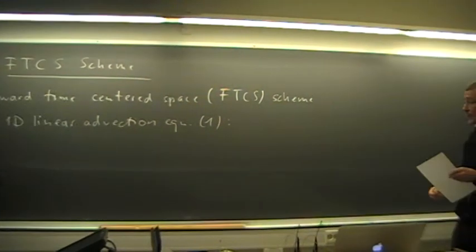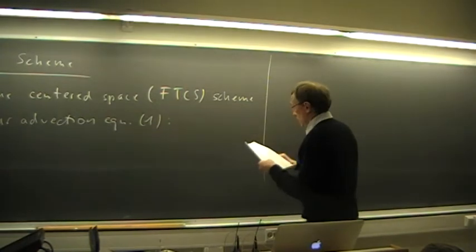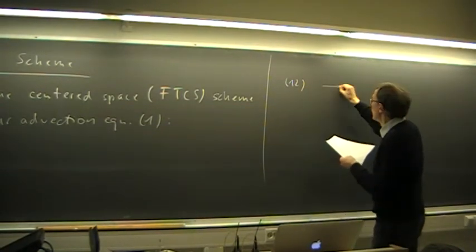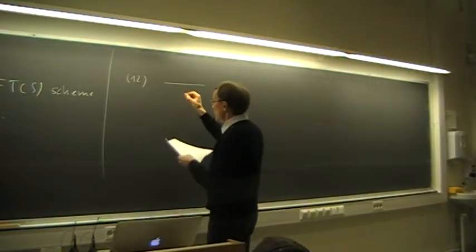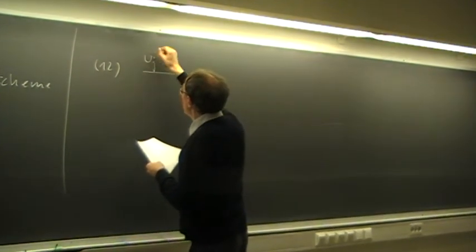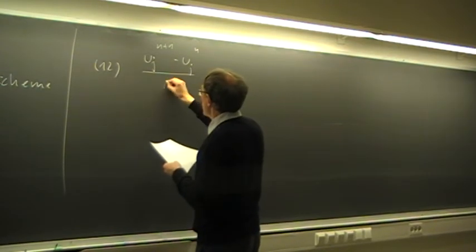Now, how does that look like? Well, we take the usual time derivative, that was then the forward time. We essentially use the explicit Euler method there to get from time level n to time level n plus 1.